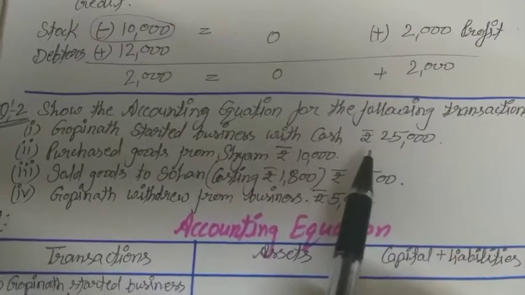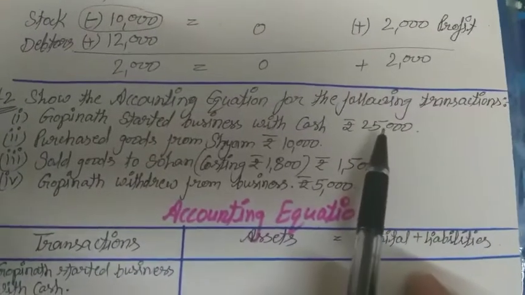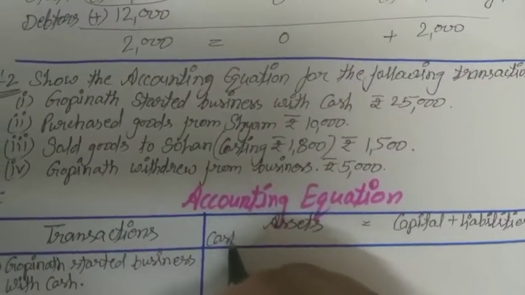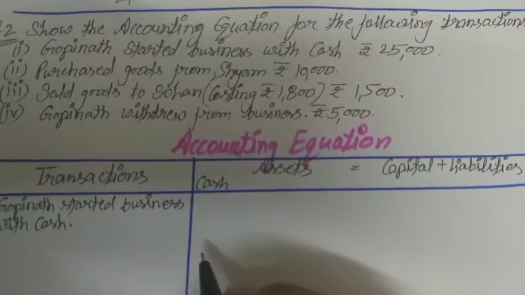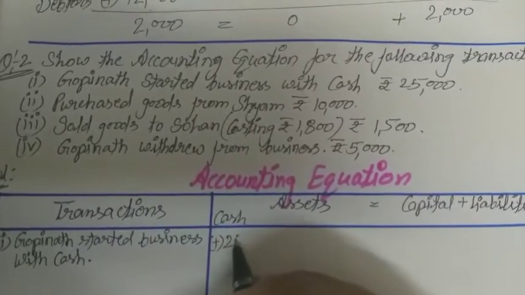So it means cash of rupees 25,000 comes into the business. Cash is related to assets, so we will write the cash head under the assets. It is increasing by rupees 25,000.